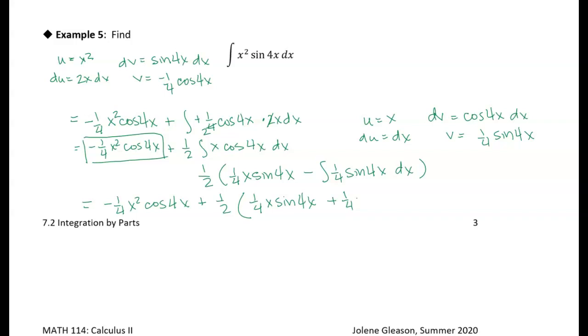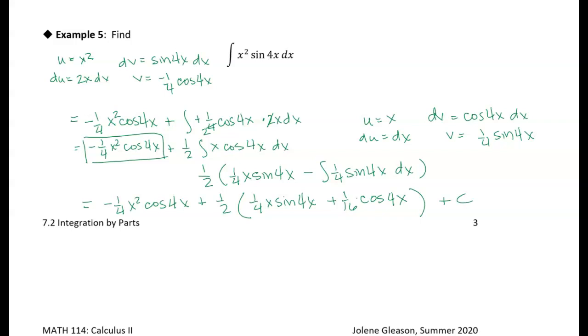And then I'm going to get 1/4 times that, so 1/4 times 1/4 becomes 1/16 cosine of 4x. All of that is times 1/2, and then plus C because it's an indefinite integral, so we can't forget the plus C.